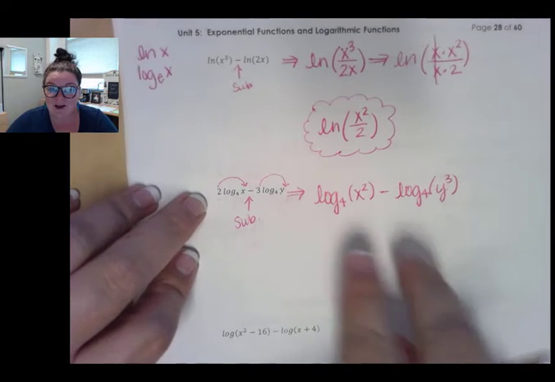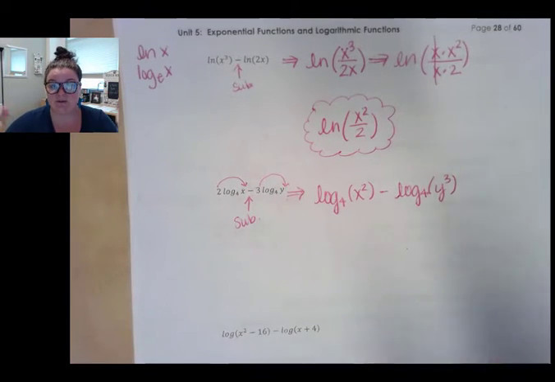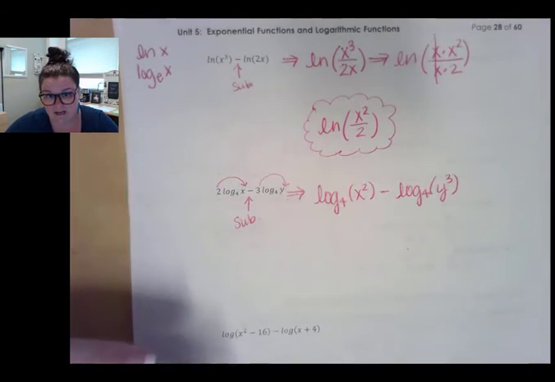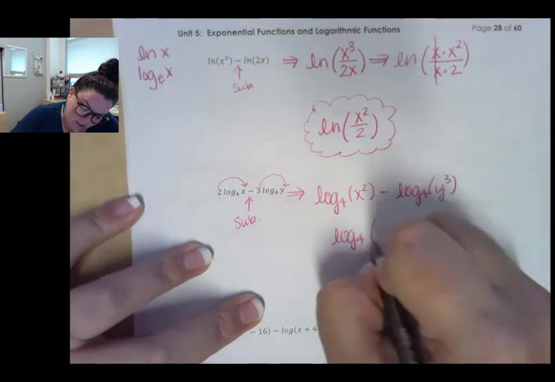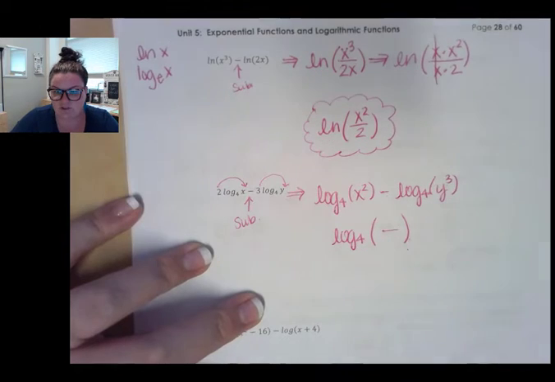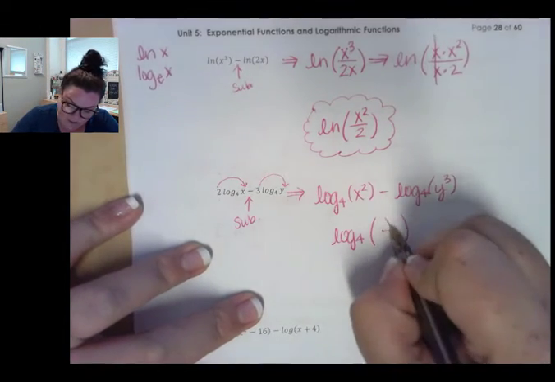Okay. So now I have two terms that are being subtracted and they don't have coefficients. So now I can go ahead and mush it back into one log term and write it as a quotient. So this becomes log base 4 of, remember this subtraction tells me that it used to be a quotient. The one on top is my positive one, so x squared.